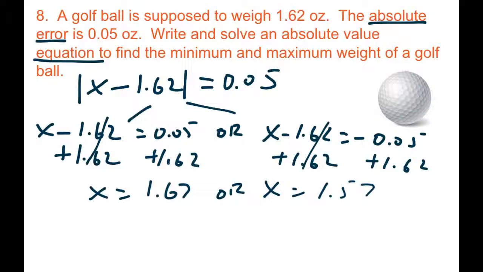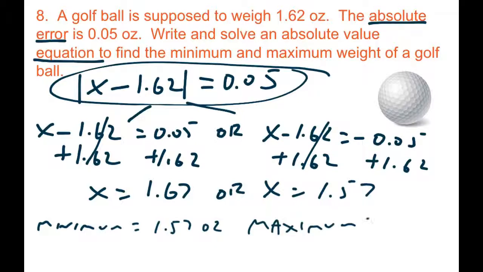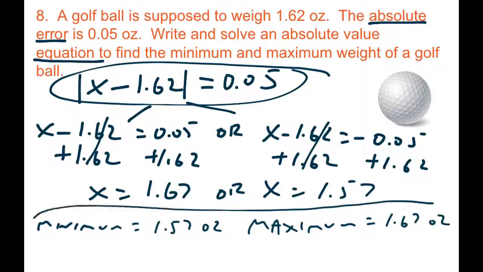So we wrote an absolute value equation. We solved it, and now the minimum and maximum. So the minimum, 1.57 ounces, and the maximum, 1.67 ounces, because this is like a real problem. We want to answer it in a real way.